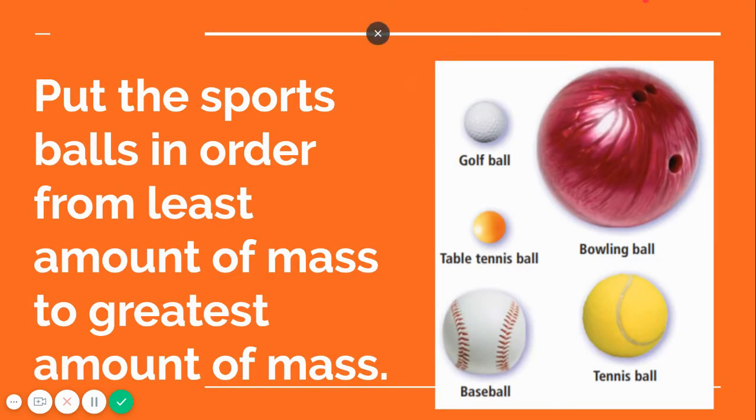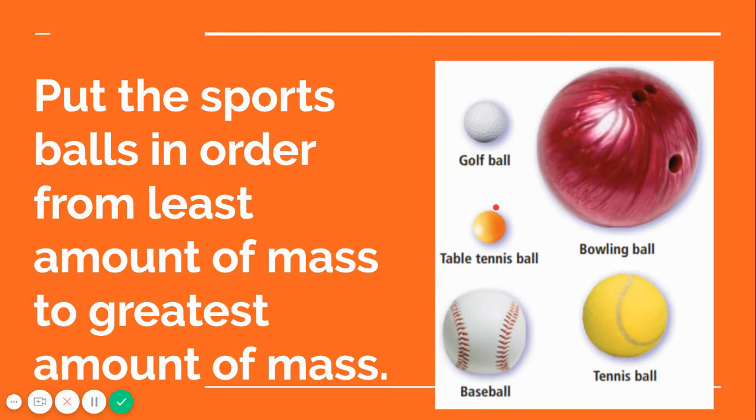Now we're going to look at these items. Put the sports items in order from least amount of mass to the greatest amount of mass. When we're talking about the weight, how much it weighs, and we say it weighs 1 gram or 1 kilogram, we're talking about the amount of mass it has. So if we're putting these in order from the least amount of mass to the greatest amount of mass, which one would be the least? What would we start with?